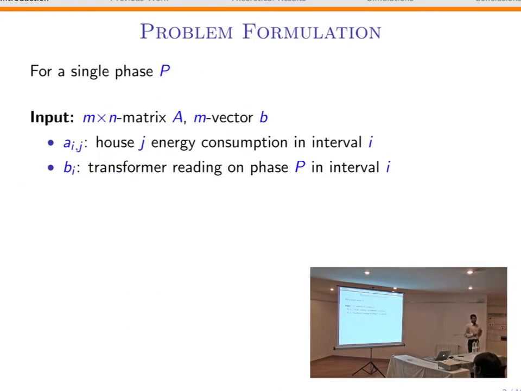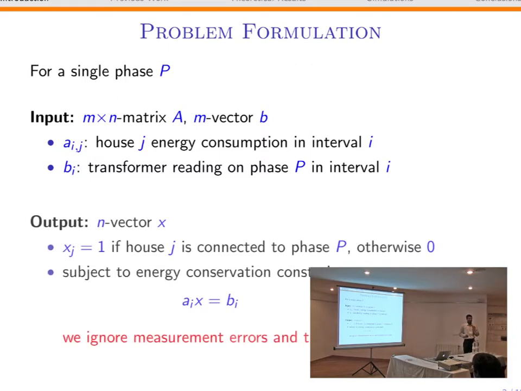Okay, so problem formulation. Let us formulate this problem for a particular phase. The input to this problem is one matrix A. The ijth element of the matrix gives the energy consumed by a particular house j in the ith time interval, and b_i is the transformer reading at the ith interval.